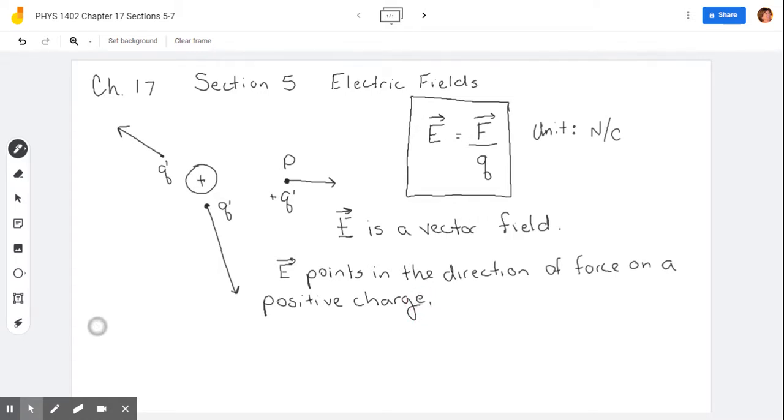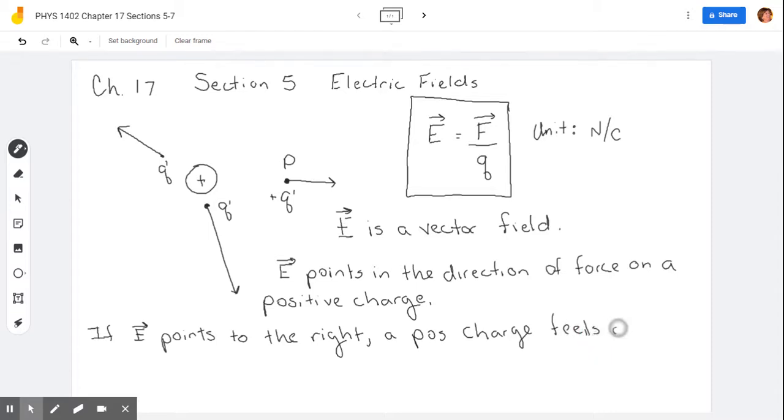What's that mean? It means if the electric field points to the right, as it does right here, point P, a positive charge feels a force to the right.